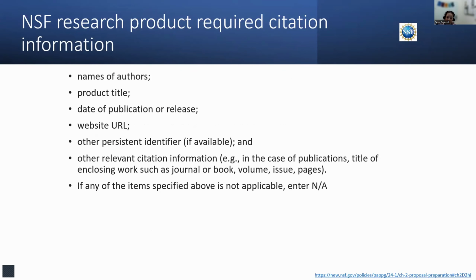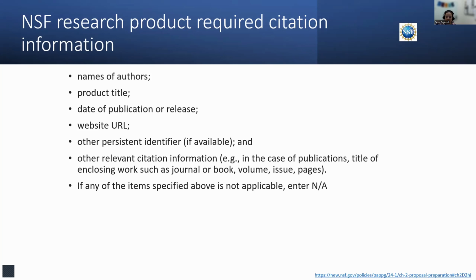And for each product, you are required to include the authors, title, date of publication, a website URL, or other persistent identifier, and other relevant citation information. So for publication, title of the journal or the book, volume, issues, pages, etc. And if an item doesn't have some of the items specified above, you enter NA.